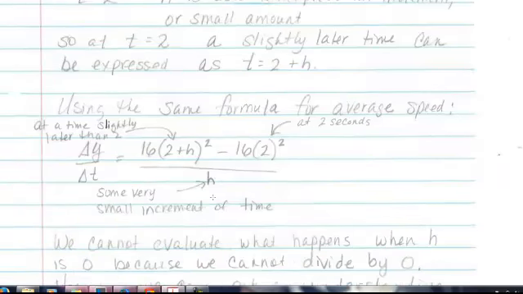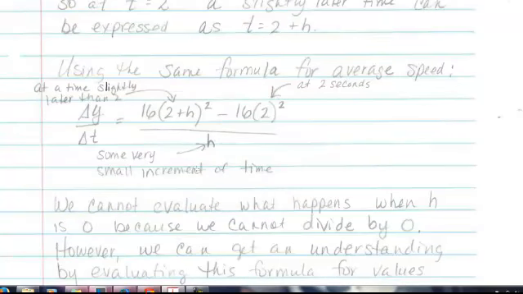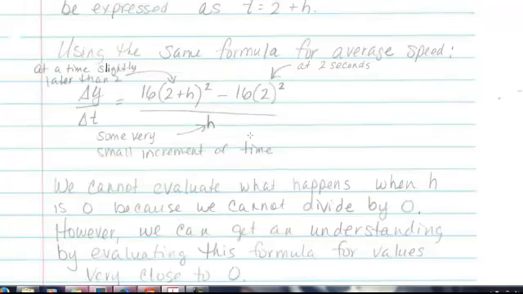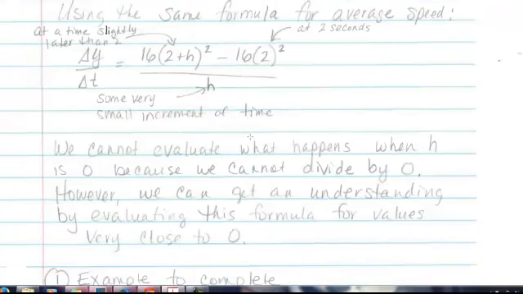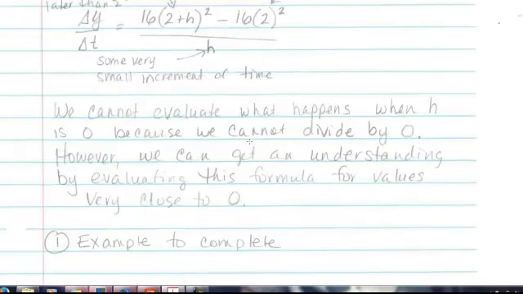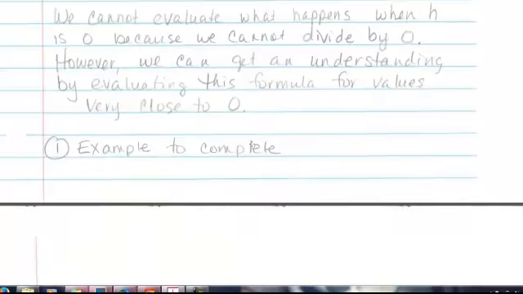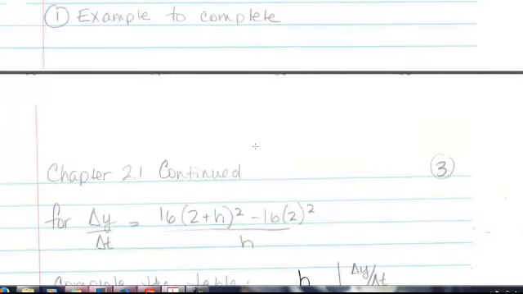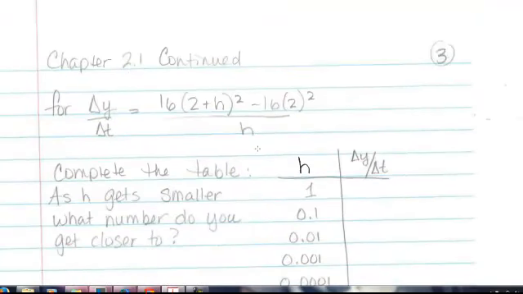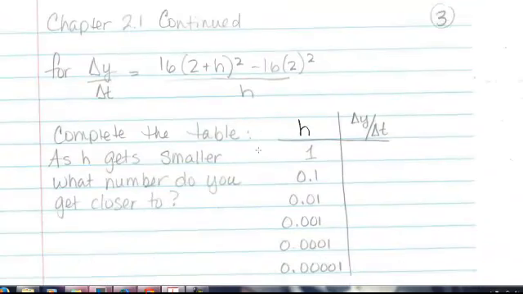However, if you'll notice, we can't evaluate this particular formula when h is 0 because we can't divide by 0. However, we can get an understanding by evaluating this formula for values very close to 0. So your first example to complete is this formula on this page for delta y over delta t equals 16 times (2 plus h) squared minus 16 times 2 squared all over h.